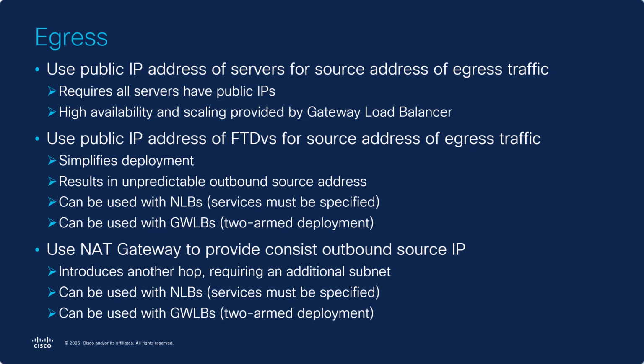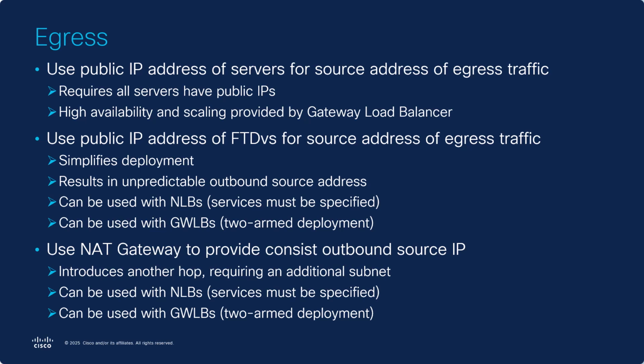This simplifies deployment, but it results in unpredictable outbound source addresses as the traffic is load balanced between multiple FTDs. This can be used with network load balancers or with gateway load balancers using a so-called two-arm deployment.